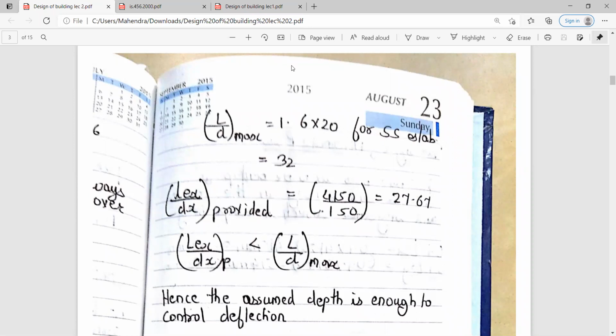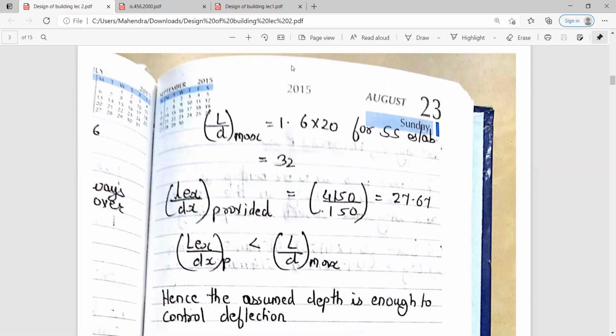Then you need to calculate LEX upon DX provided. LEX, that is the effective length for the X direction, that is for the shorter span, is 4150, upon DX, that is the effective depth. The effective depth you had got was 150. So considering this ratio, you will get 27.67.